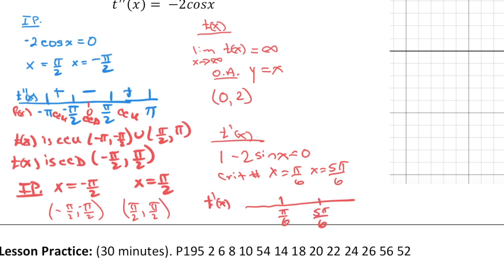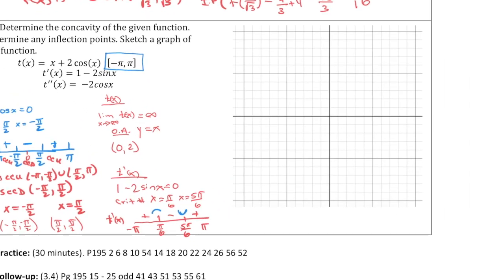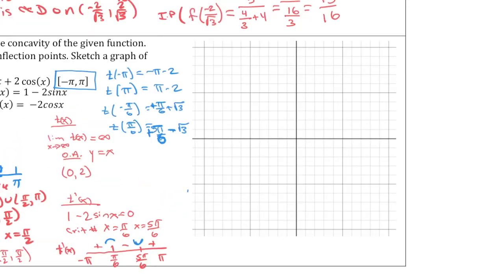We will then have a positive, negative, and a positive. Remember, we're only going between negative pi and pi, in which case we know that we have a relative max and a relative min in our problem. I'm not going to worry about exactly what those values are because, once again, I'm just sketching. But if you want to draw them and figure them out, you go ahead.